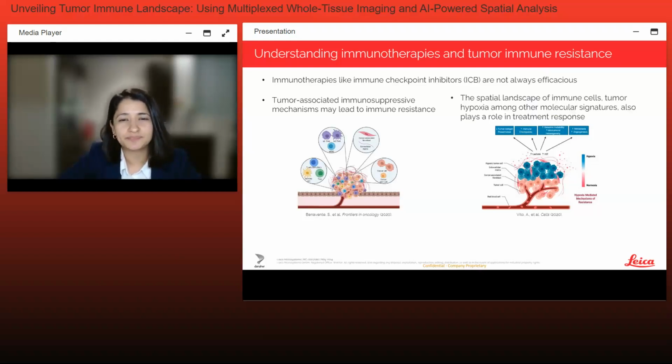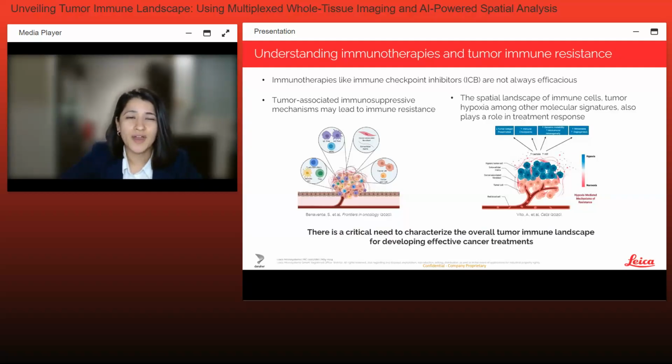Together, the spatial landscape of tumor infiltrating immune cells, tumor hypoxia, among other molecular and metabolic signatures, plays a critical role in treatment response. Therefore, characterizing this overall tumor immune landscape, along with understanding the associated immunosuppression, is critical for developing effective cancer treatments.